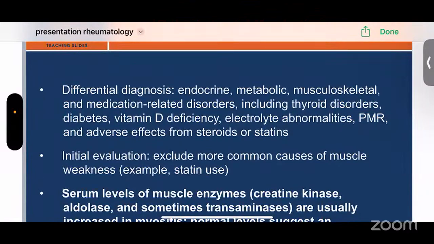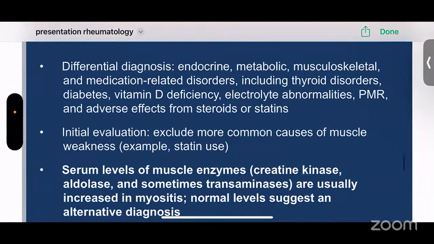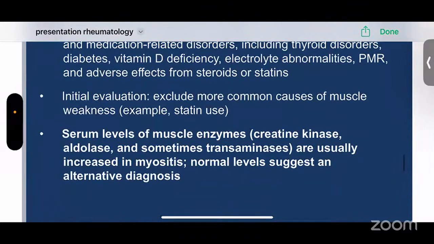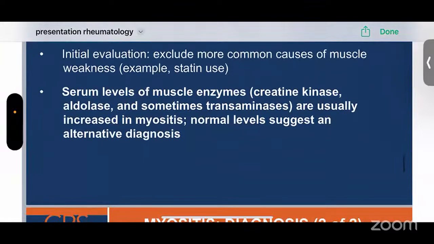In the initial evaluation, we must exclude more common causes of muscle weakness like statin use, especially if combined with the macrolide erythromycin. Serum levels of muscle enzymes, creatine kinase, aldolase, and sometimes transaminase, are usually increased in myositis. Normal levels suggest an alternative diagnosis.